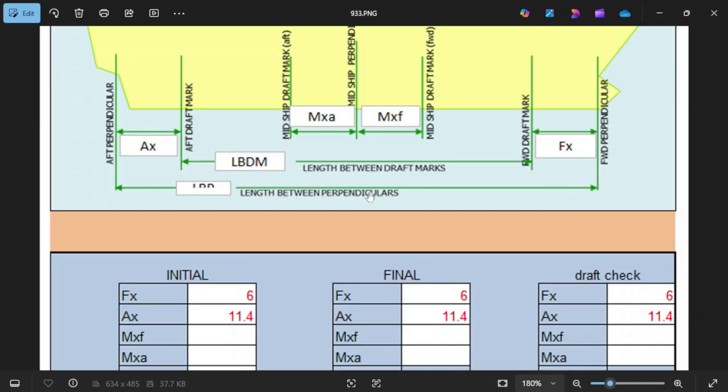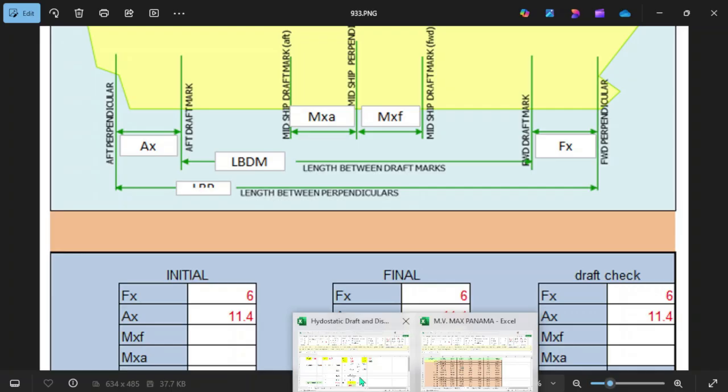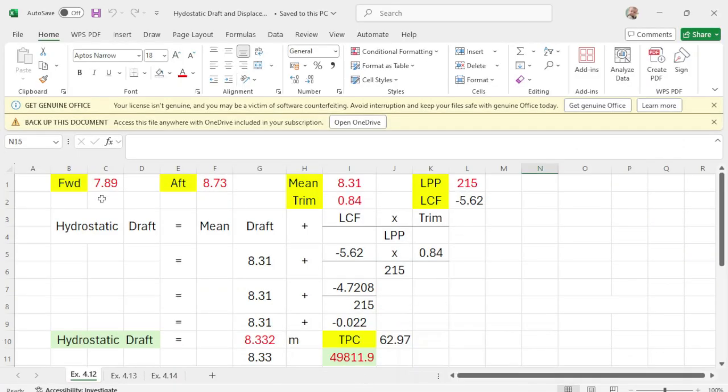So that is LPP, which is 205. And the trim, 8.73 minus 7.89, is your trim of 0.84.